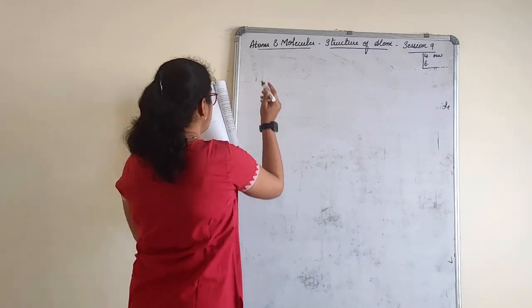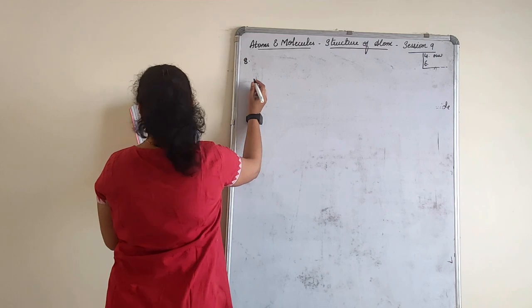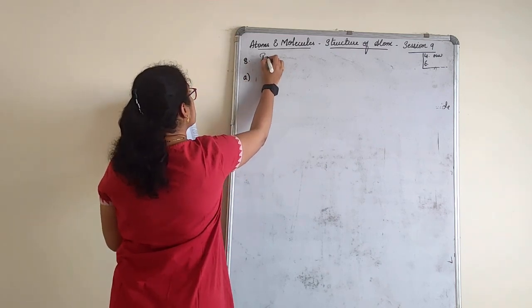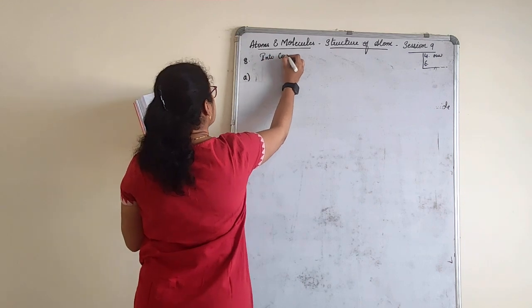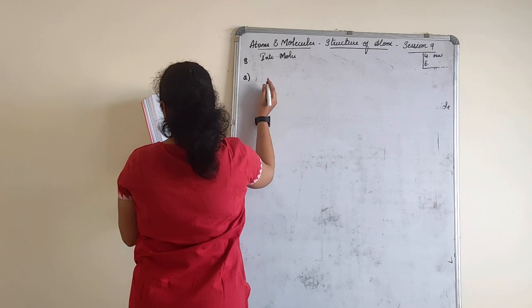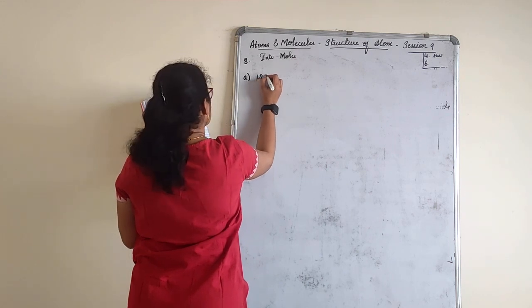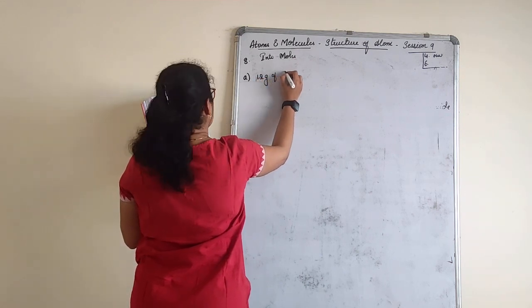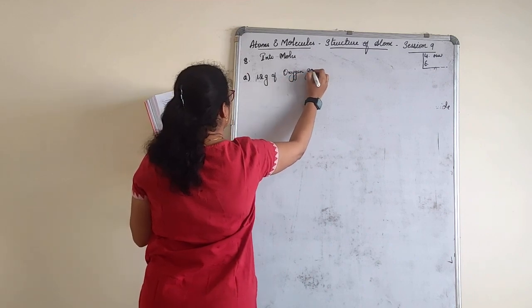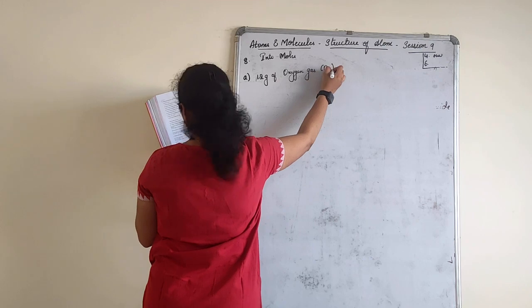Convert into moles. So you have to convert the given things into moles. 12 grams of oxygen gas. Oxygen gas is what, children? O2. That you should know.